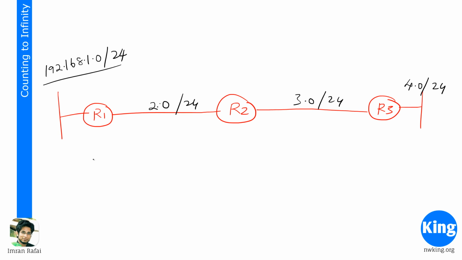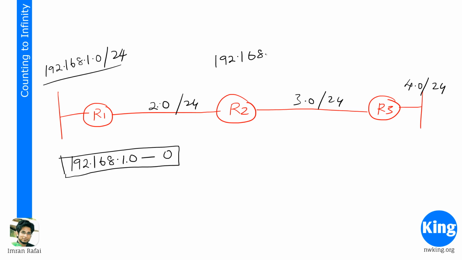In R1, the routing table should have 192.168.1.0 with a hop count of 0, right? This is how the routing table at R1 would look. In R2, the same route would be at 192.168.1.0 with a hop count of 1, right? So we know from our last video that hop count keeps increasing. When R2 sends an update to R1, R1 will add. R1 has this route accessible at 0 hop count because it's directly connected.